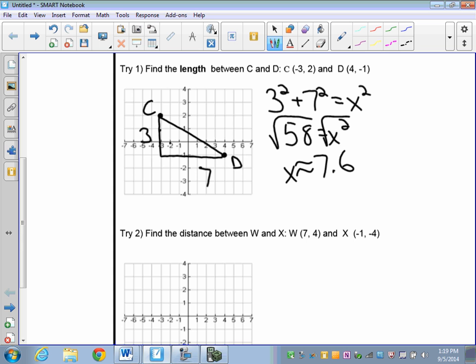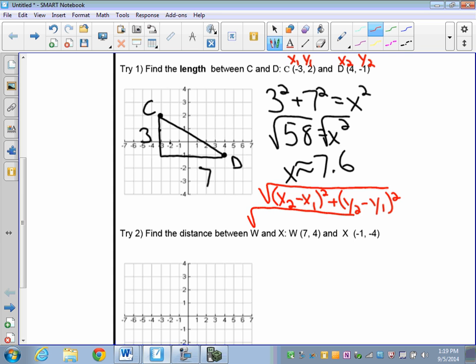If I want to solve it using the distance formula, it's just going to be the square root of x2 minus x1 squared plus y2 minus y1 squared. So again, this is x1, y1, x2, y2. And all I'm going to do is substitute those numbers in.